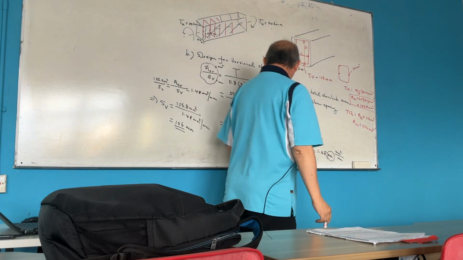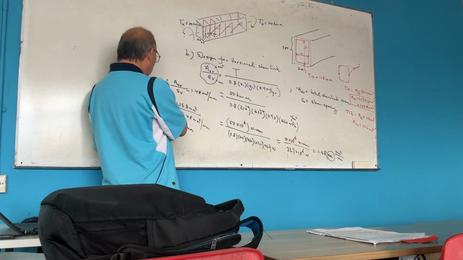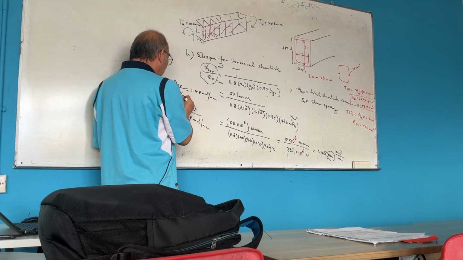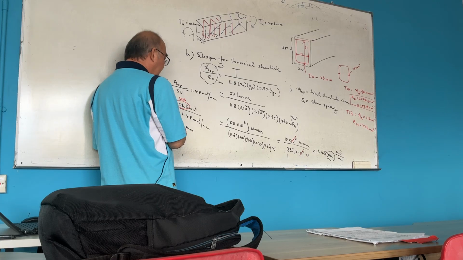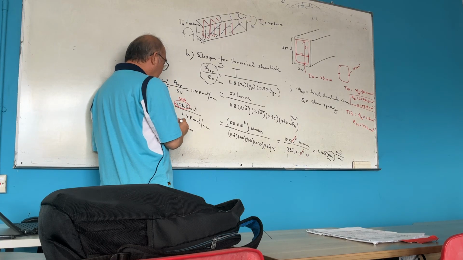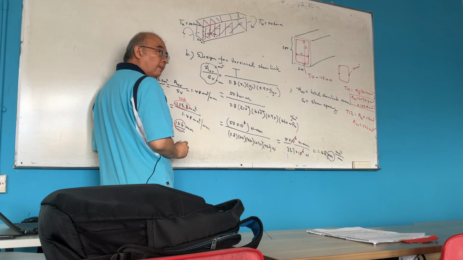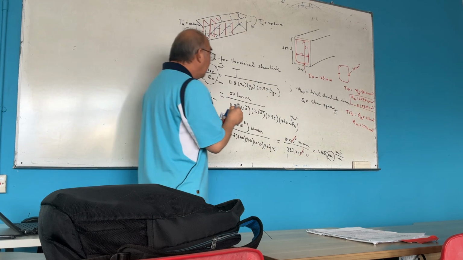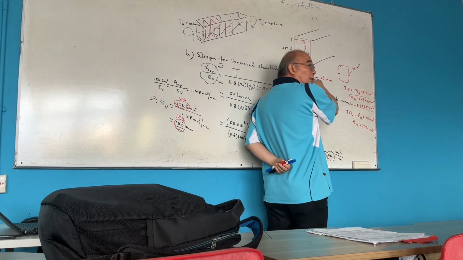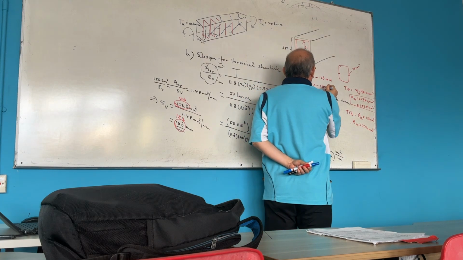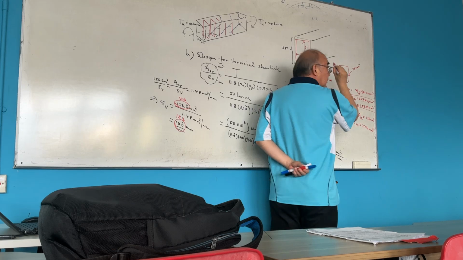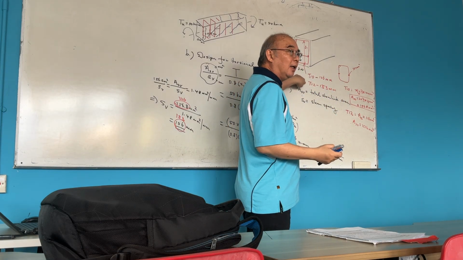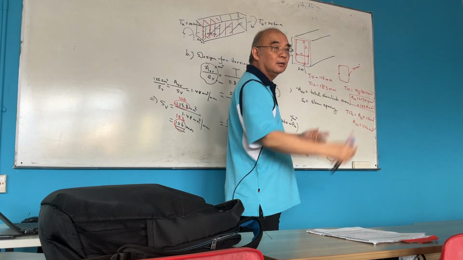If I use 226 here, what would be this value? 153. Meaning that I can either use T10 at 106 or T12 at 153 millimeter. That means if you use a bigger size bar, then your spacing can be wider.